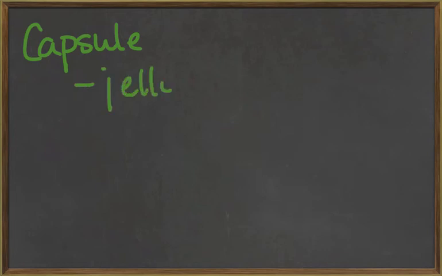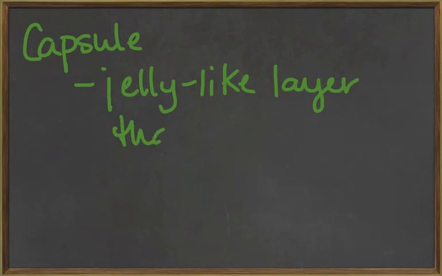Now the last layer of a bacterial cell is called a capsule. Now these are the cool parts, because this is what allows bacteria to survive in almost any condition you put them in, unless they're there for an extended period of time. And this is what makes bacterial cells really tough to treat sometimes, is the capsule that they have. A capsule is a jelly-like layer that surrounds the cell.